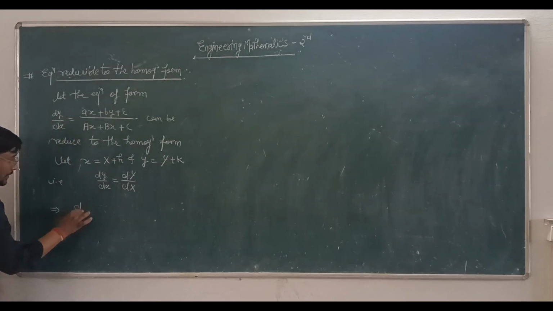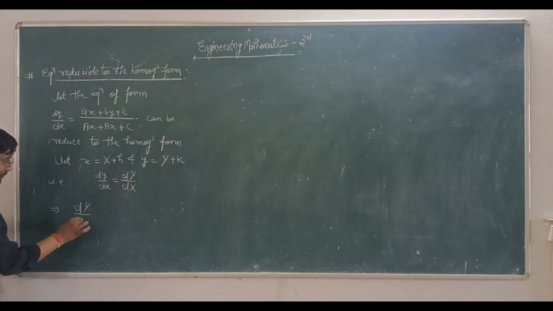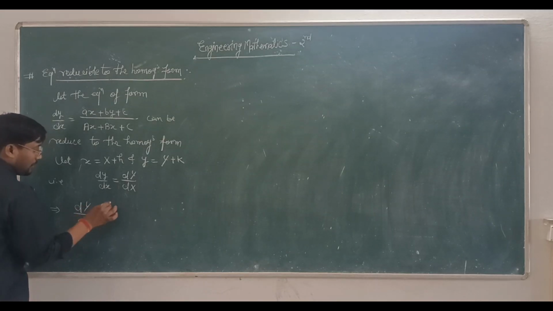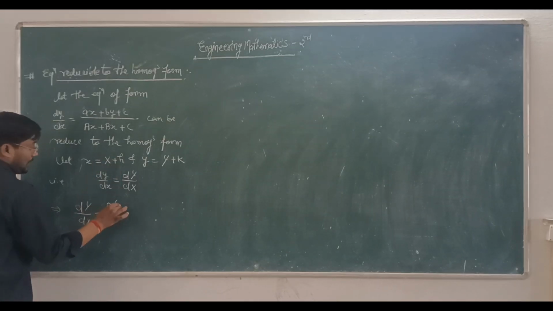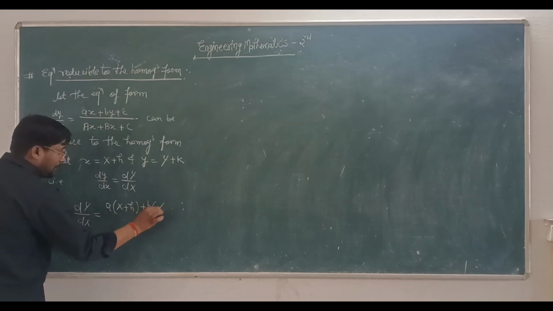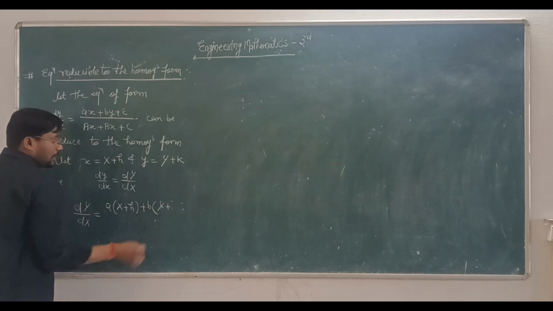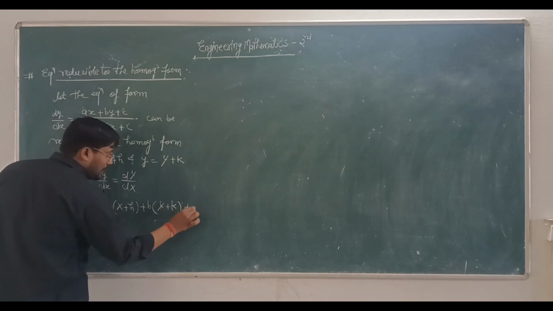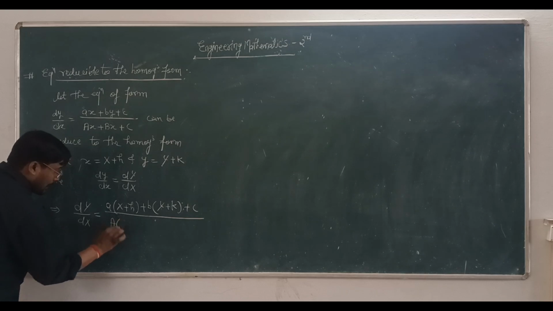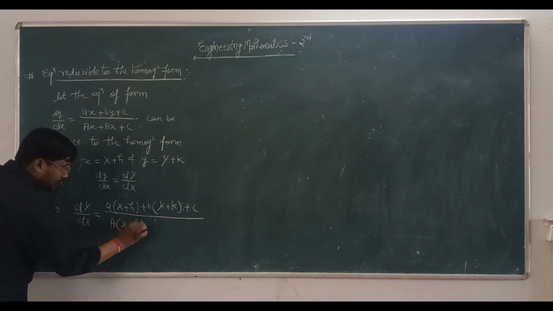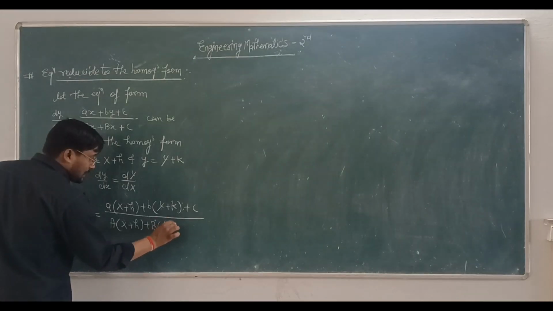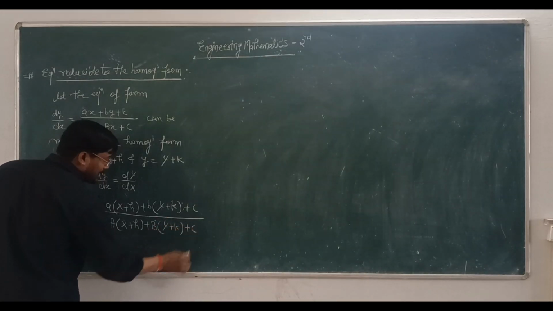First you can write dy of d capital X is equal to a capital X plus h plus b capital Y plus k plus small c total upon a capital X plus h plus b capital Y plus k plus capital C.